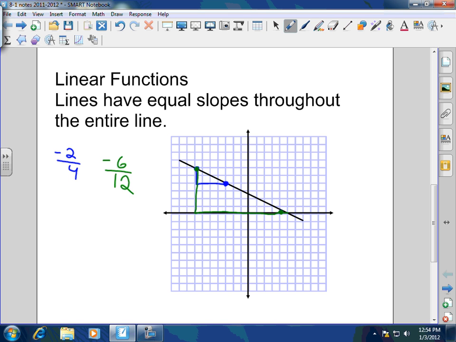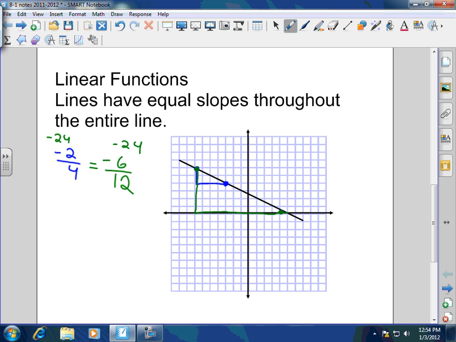Now, these two are equal. We know that because they're very simple. It's negative 1/2 and negative 1/2. Let's say I had values that weren't so easy to determine. Well, I can go ahead and cross multiply. If I go 12 times negative 2, I get negative 24. 4 times negative 6 is negative 24.